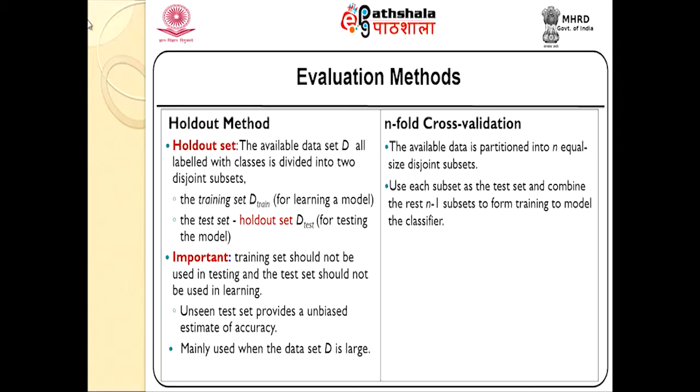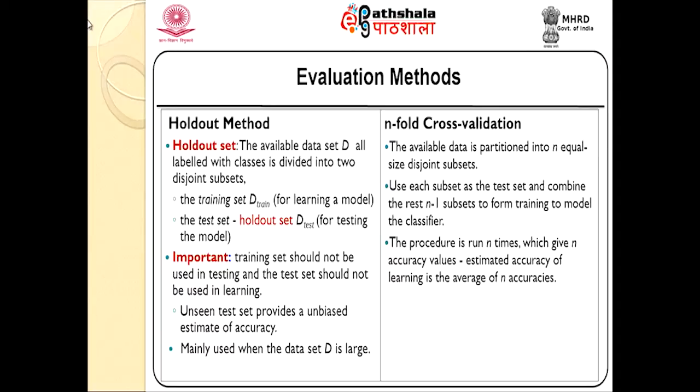So, the first 200 is the test set, and the rest of the four 200s you join together and use for training. That is one method. The procedure is run n times because every time you take a different subset as the test set, and then you judge the accuracy by taking the average.